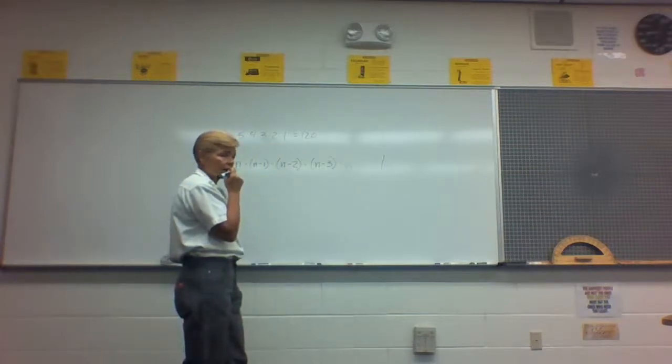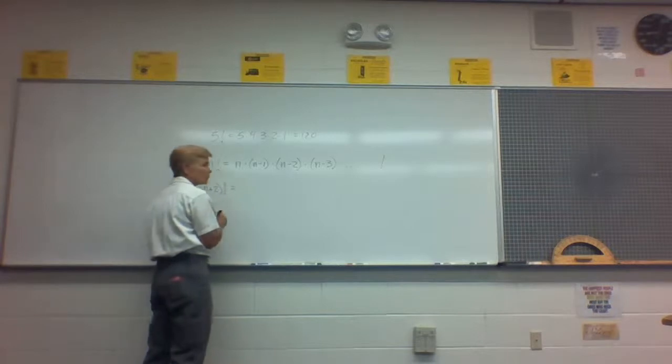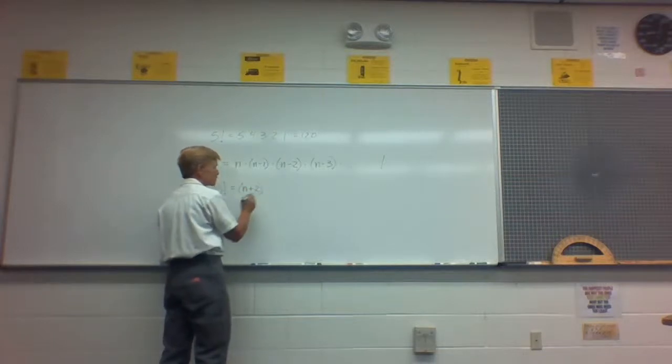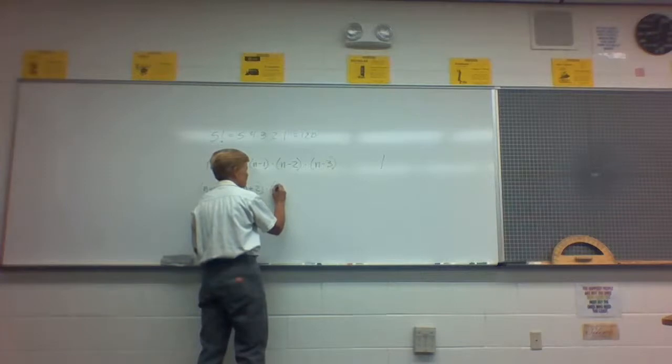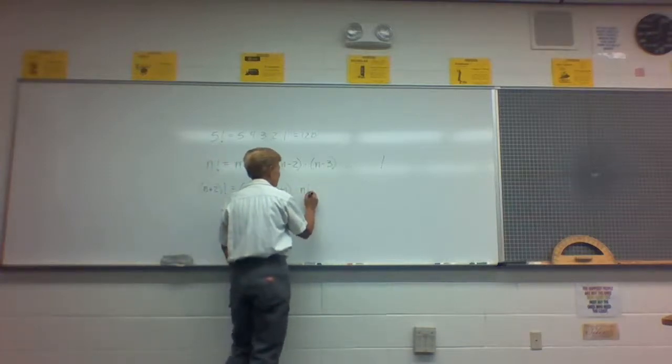Yeah? Then how would you write n plus 2 factorial? What would you start with? You start with what you're factorializing, and then what's 1 less than this? And what's 1 less than that? And what's 1 less than that?